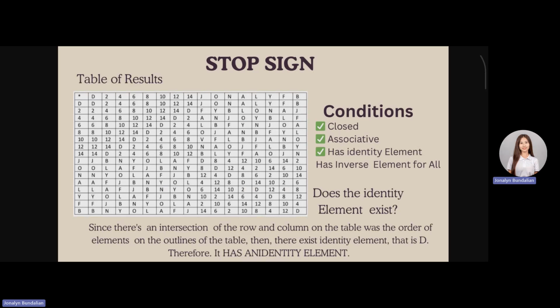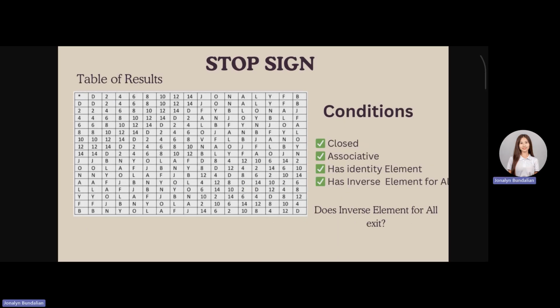That is D. Therefore it has an identity element. In this model, D acts as the identity because combining it with any element gives back the same element.